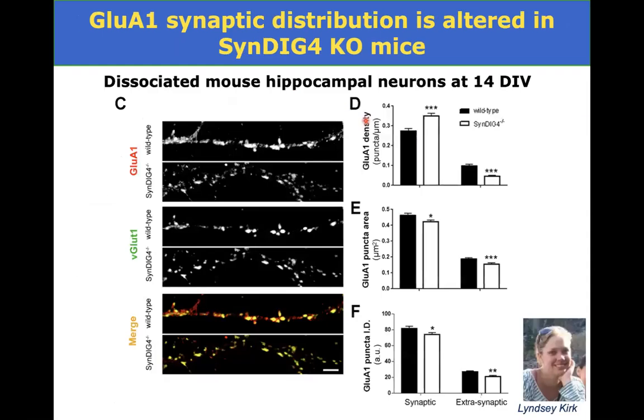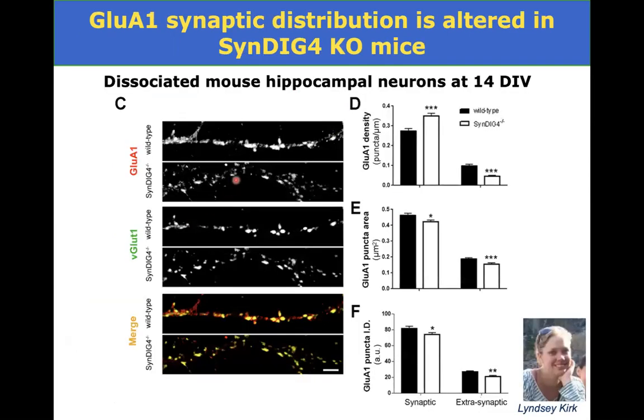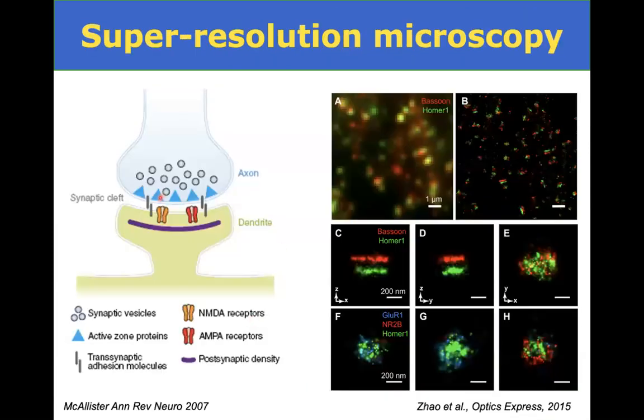As I mentioned at the beginning, this is an example of confocal microscopy. So the overlap, even though these structures are found in different cells, the presynaptic versus the postsynaptic, these are two independent cells, but because of the resolution limitations of confocal microscopy, this appears as an overlap signal.